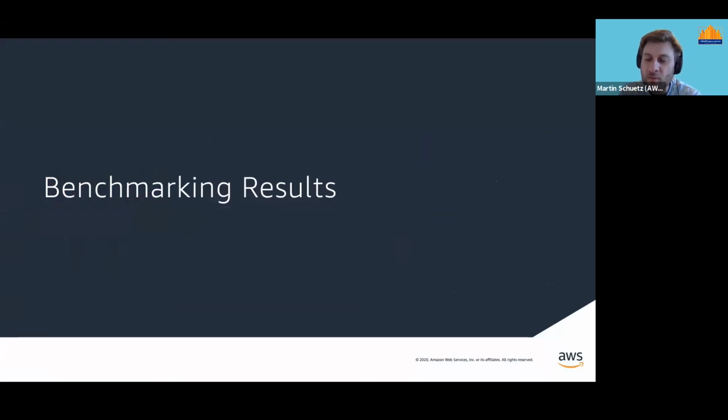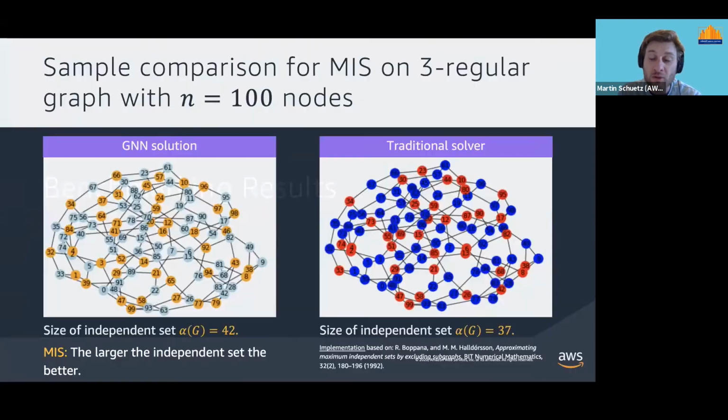I haven't told you how well this is actually doing, and what we found is that it does very, very well. So here's an example trying to solve the maximum independent set problem, the problem that we distilled previously. Again, the problem is to color as many nodes in orange or in red as possible, and that will be the size of the independent set.